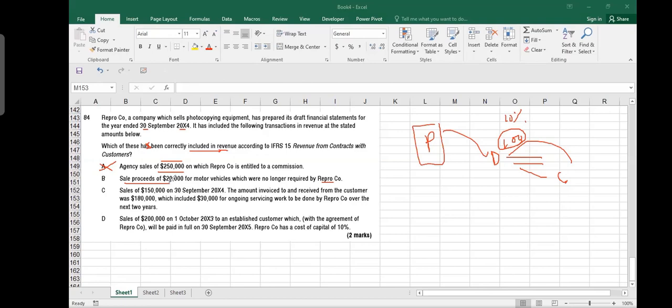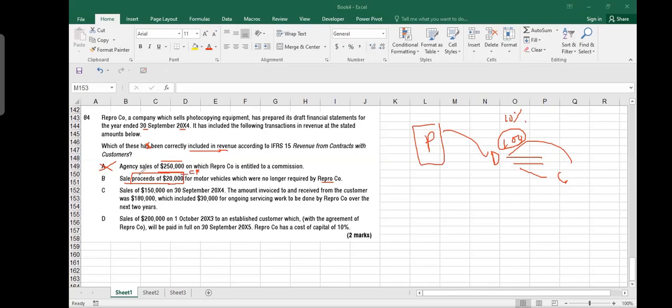But they are putting the sale proceeds, all 20,000. All of this 20,000 will go to the cash flow statement. In the cash flow statement, under investing activities, you will write all this 20,000 as cash inflow.